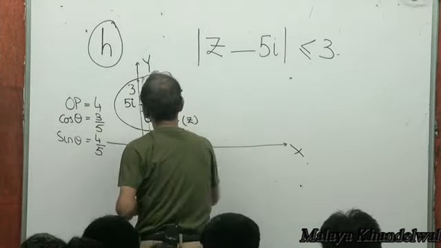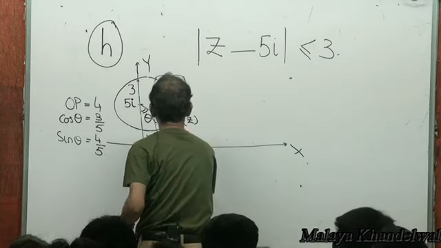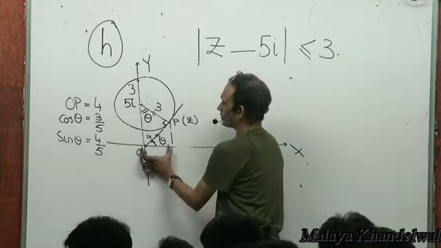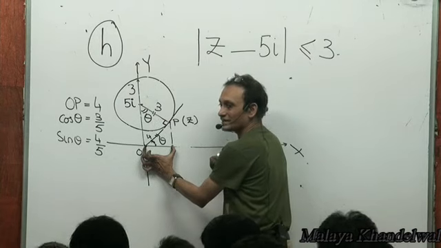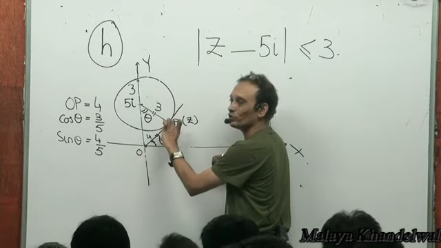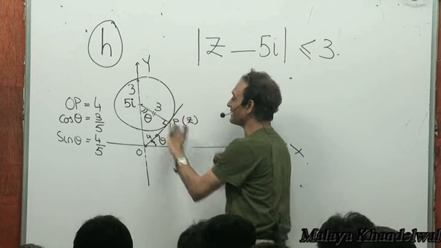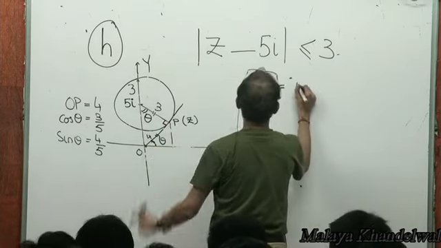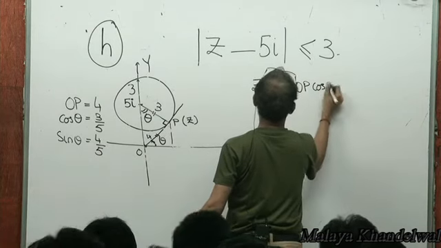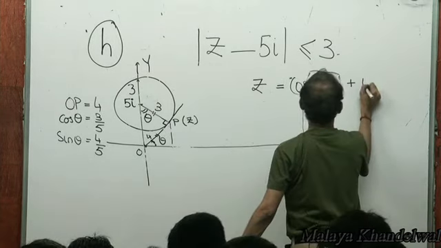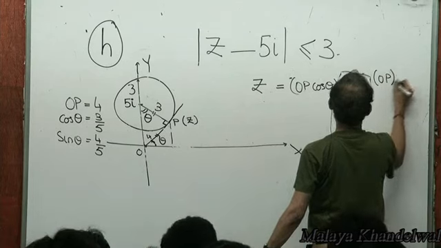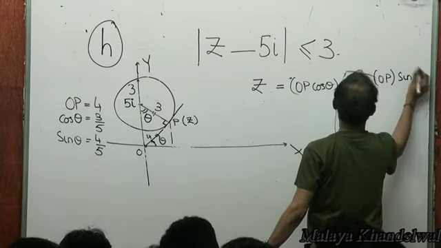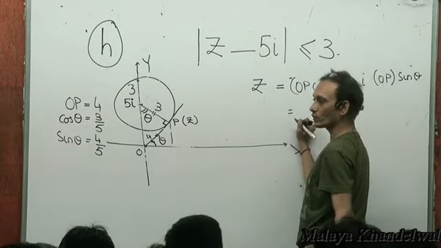Then this length would be OP cos theta, the x coordinate of P. This length would be OP sin theta, right? So Z would have its x coordinate as OP cos theta plus i OP sin theta, right?